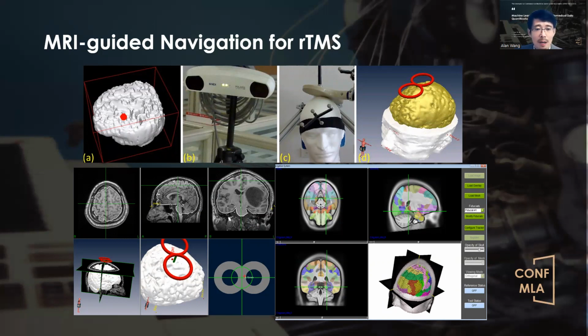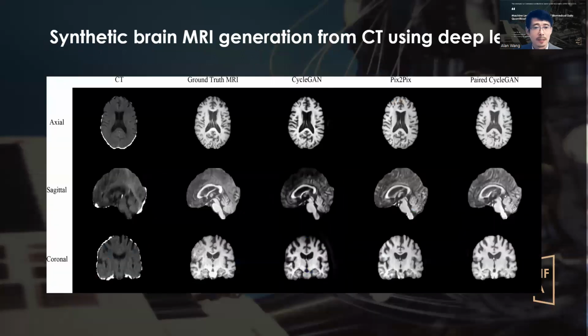This kind of image-based planning can be applied to the real patient by applying image-guided navigation. By using the tracking system, which can be an optical tracking system or magnetic tracking system, the pre-intervention plan can be reliably adapted to real-time stimulation for the patients.